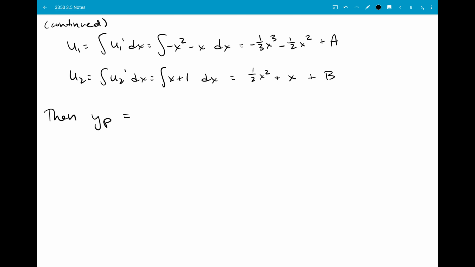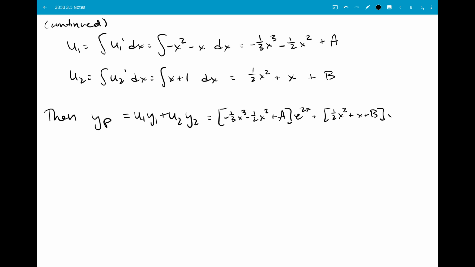And then my yp was equal to u1 y1 plus u2 y2. So I just plug everything in. I've got (minus 1/3 x cubed minus 1/2 x squared plus a) times y1, which was e to the 2x, plus (1/2 x squared plus x plus b) times x e to the 2x.